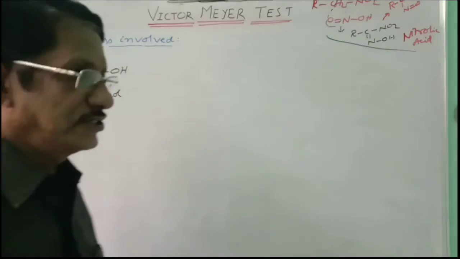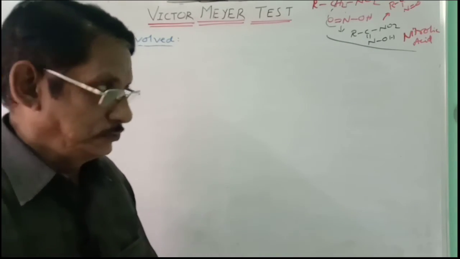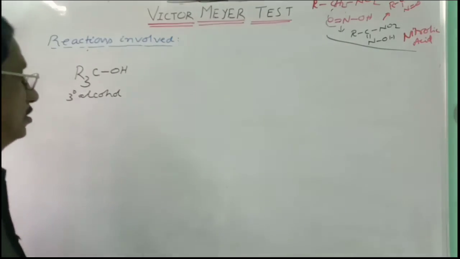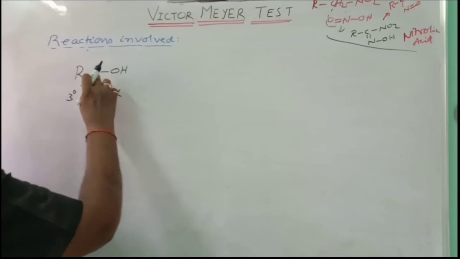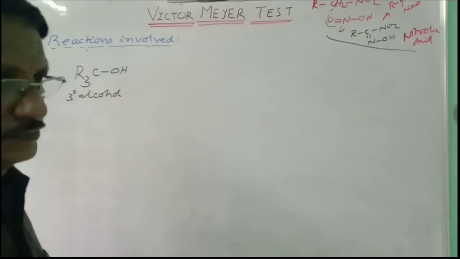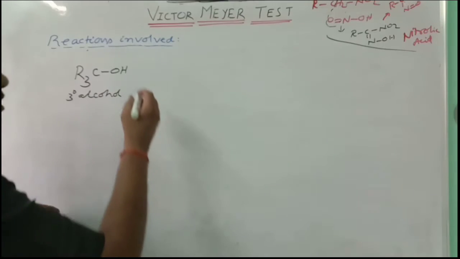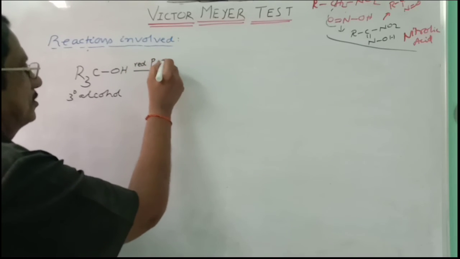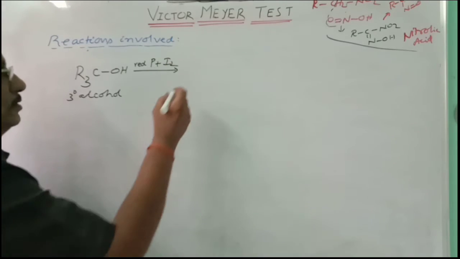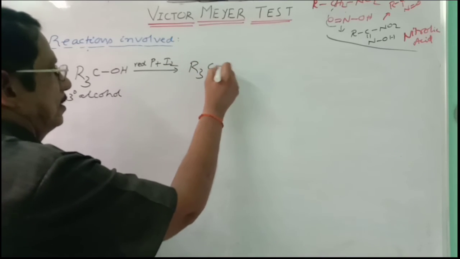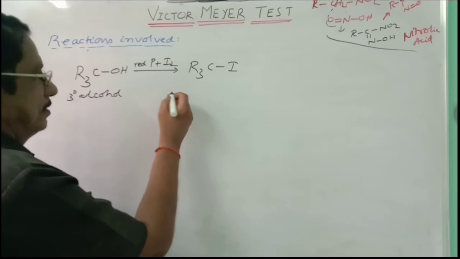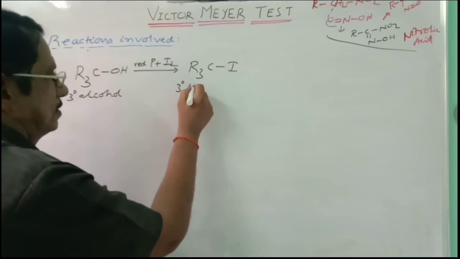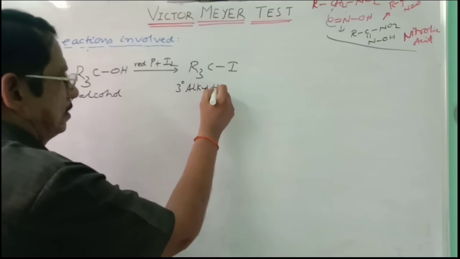Let us consider the tertiary alcohol also. R3COH. The OH group carrying carbon is not carrying any hydrogen. That is tertiary. This is first treated with red phosphorus plus I2, thereby OH is replaced by I. That is a tertiary alkyl halide.